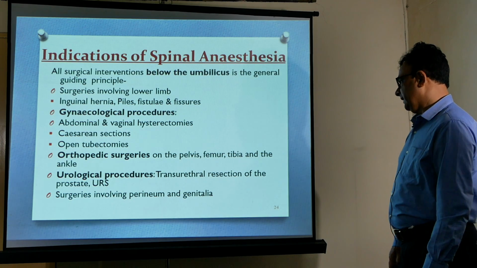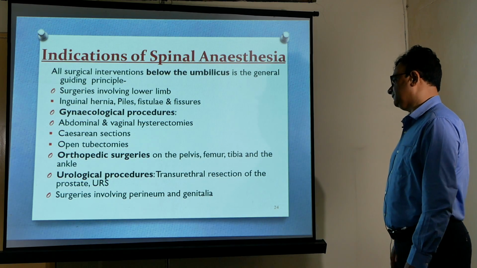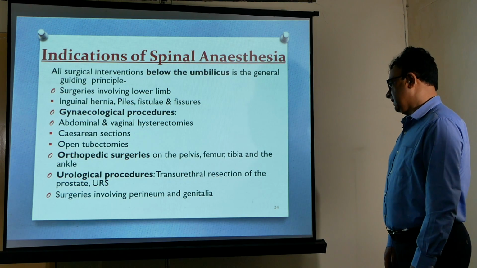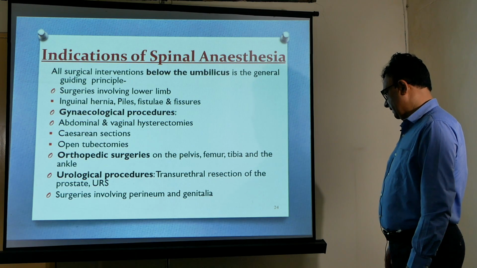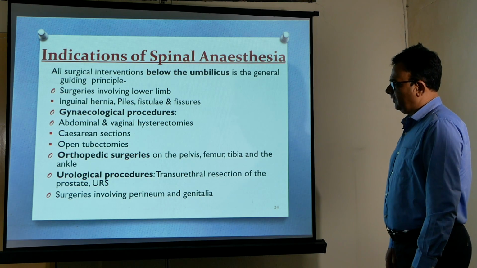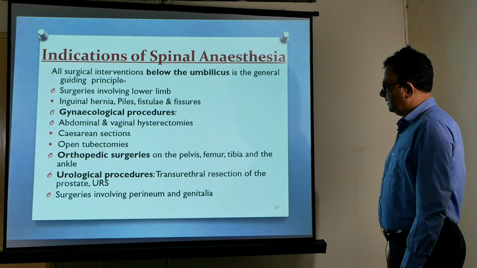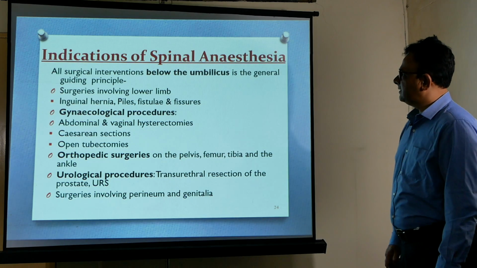Others are orthopedic surgeries on the pelvis, femur, tibia, and the ankle. Urological procedures like transurethral resection of the prostate, which is TURP, and URS. And surgeries involving perineum and genitalia. These are the indications of spinal anesthesia, surgeries below the umbilicus.